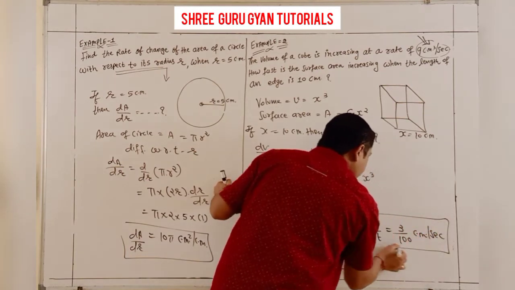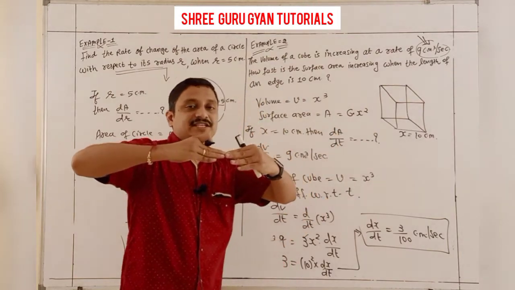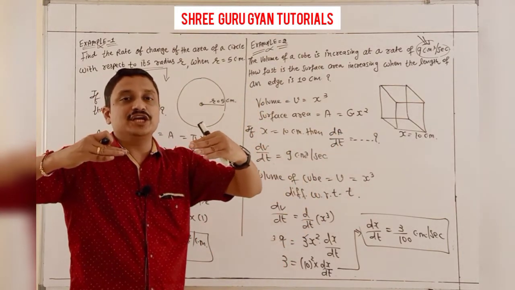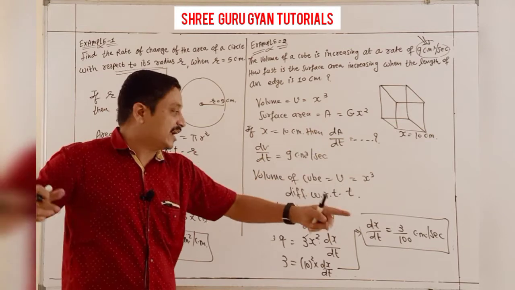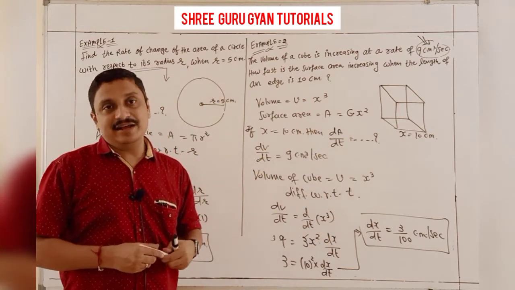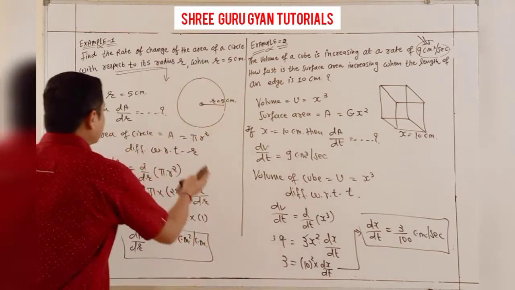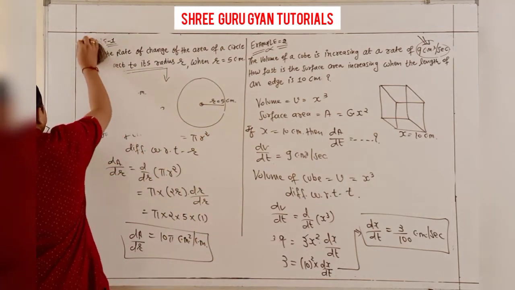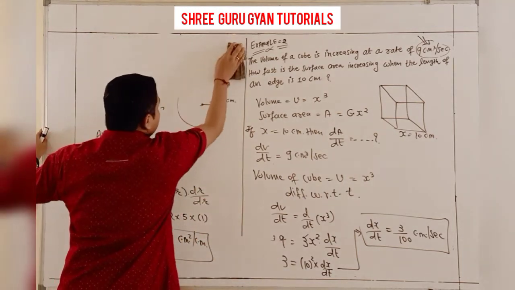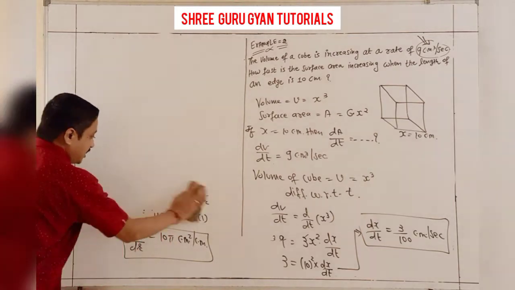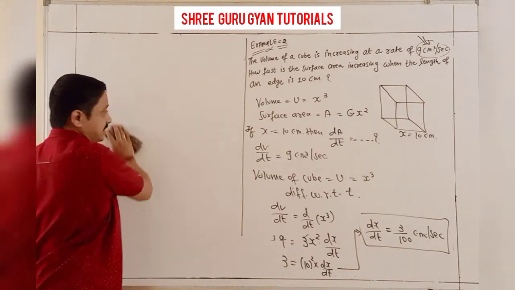Every second, the length of the edge of the cube increases by 3 by 100. And my target is the surface area. Now I start the surface area related derivative and easily do the derivation with respect to time.